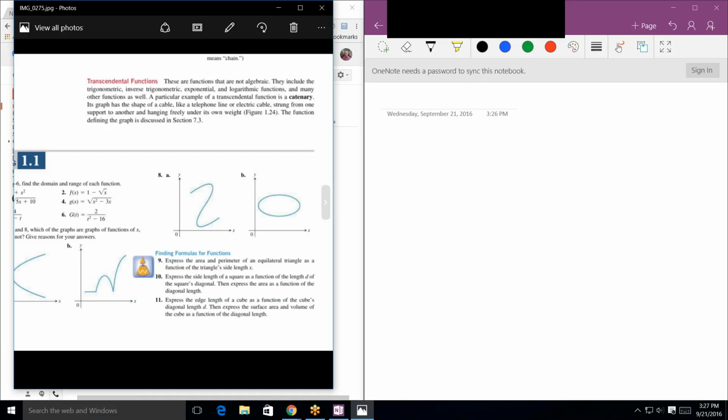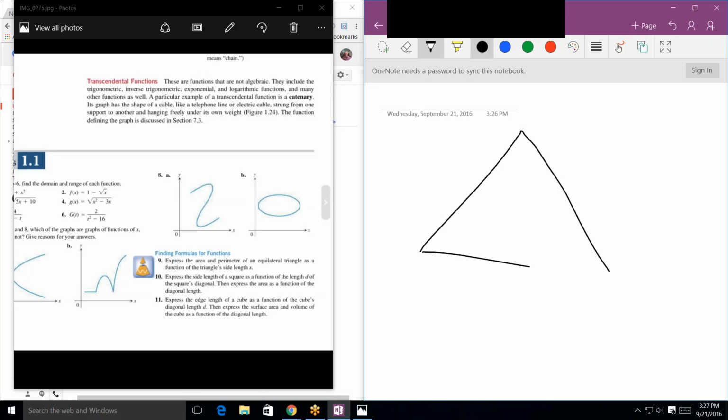Okay, number 9. Express the area and perimeter of an equilateral triangle as a function of the side's length. Well, let me draw the equilateral triangle. Equilateral means 3 equal sides, 3 equal angles.